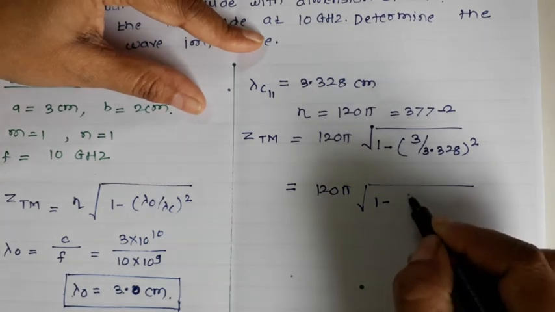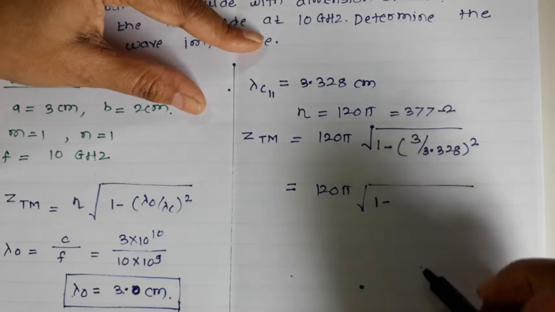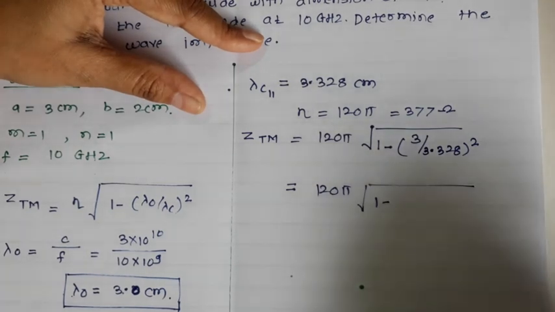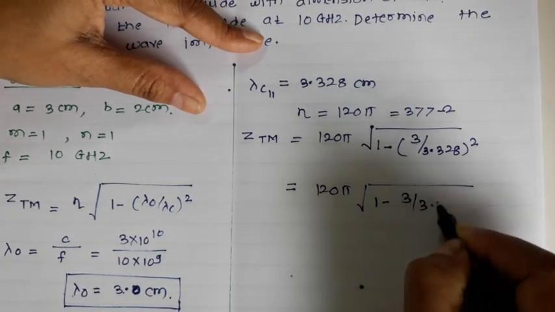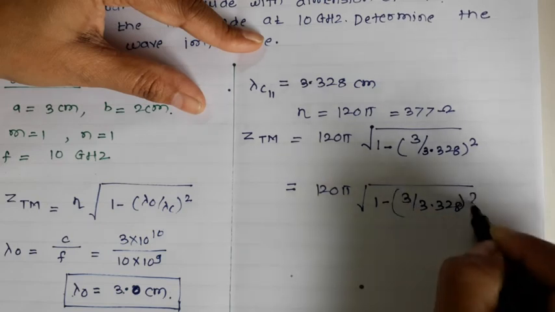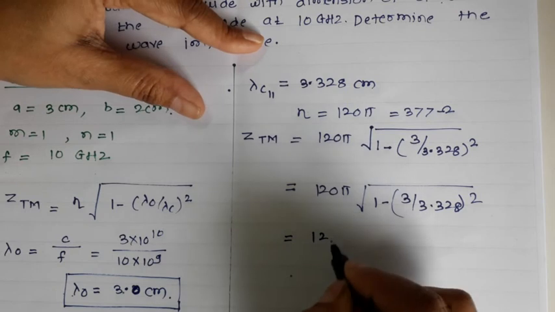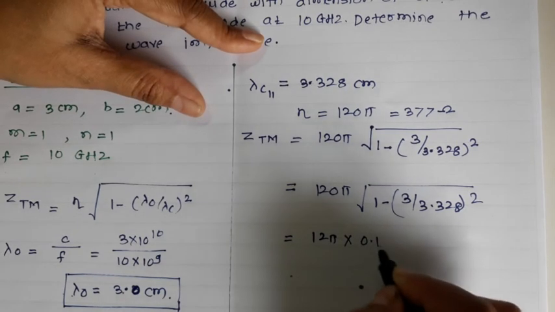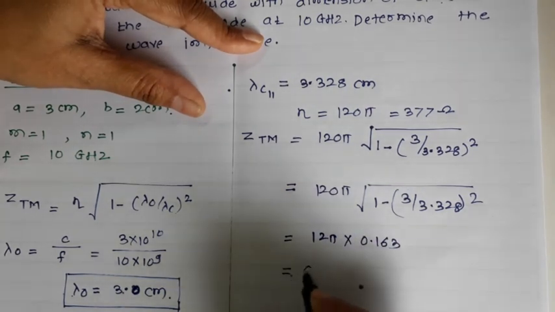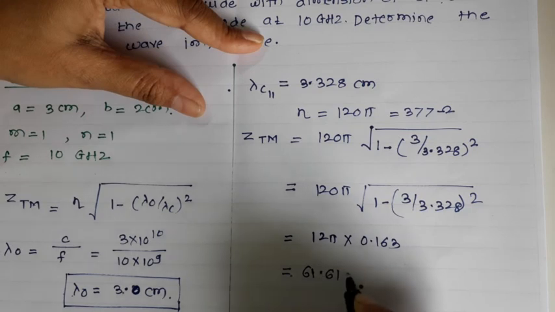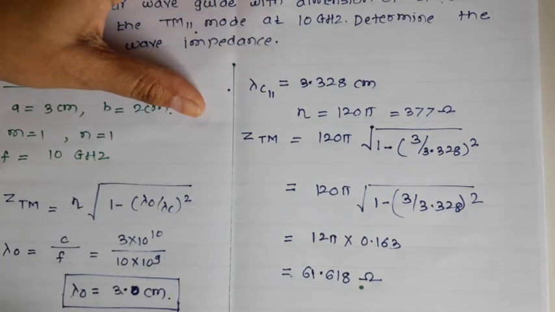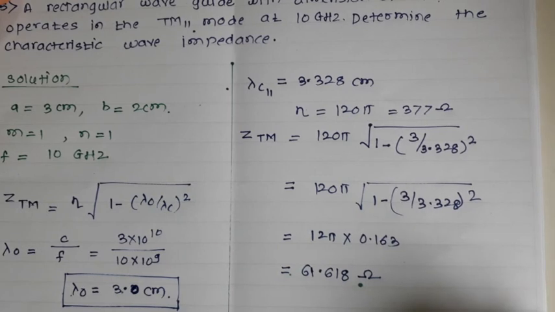By solving this I'll get 120 pi into 0.163, which is 61.618 ohm.